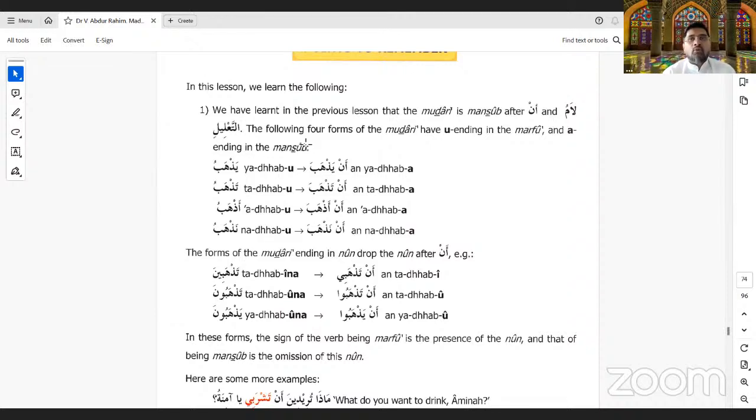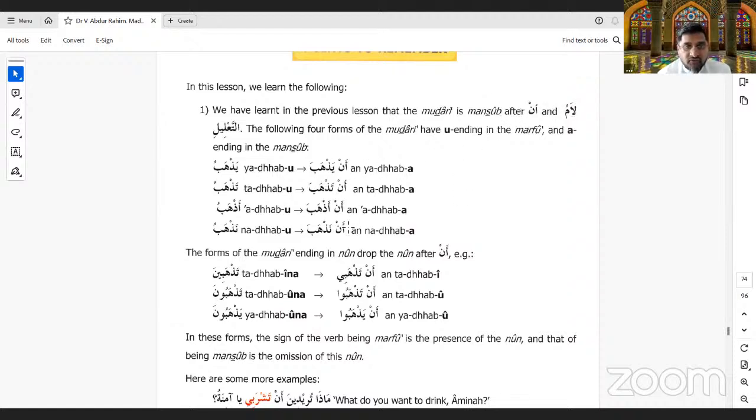So for example, adhabu ila al-bayti li-azura ummi. I'm going to the house to visit my mother. So li-azura explains the reason why I'm doing the previous action. So there are two verbs, and the lam and the an.